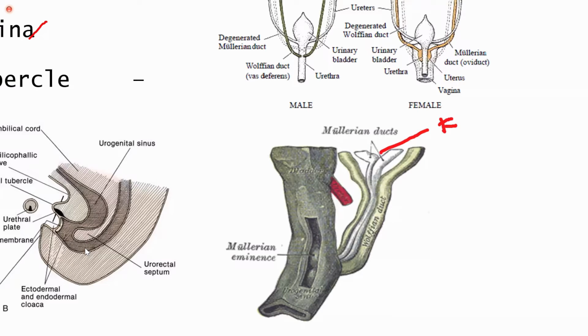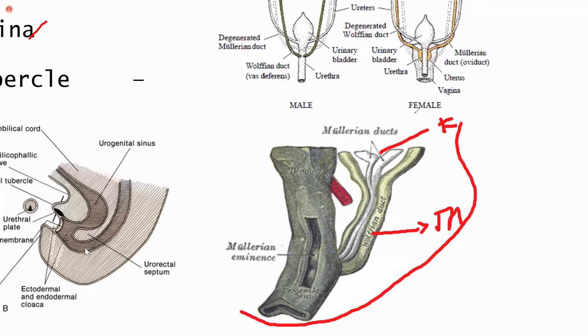And the Wolffian duct is intended for the male. So in this picture, we could tell that the individual developing here is still in the indifferent stage. It is not yet female or male because of the presence of the Mullerian duct intended for the female and the Wolffian duct intended for the male.